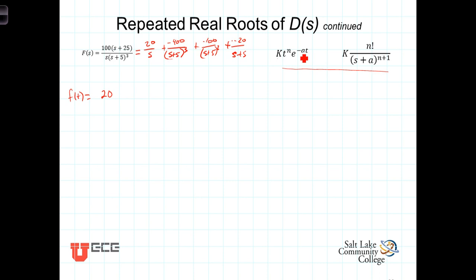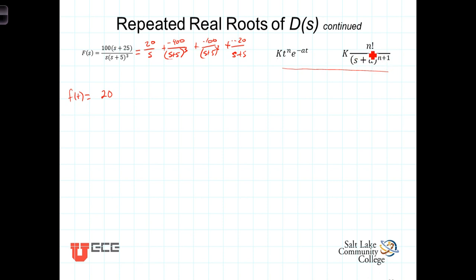In other words, when we have roots with multiplicities greater than 1 in the frequency domain, we end up multiplying by a t to the nth term. We have this t to the nth term multiplying the exponential term. So 1 over s plus a simply goes to e to the minus at. Higher powers have some additional complexity to them.